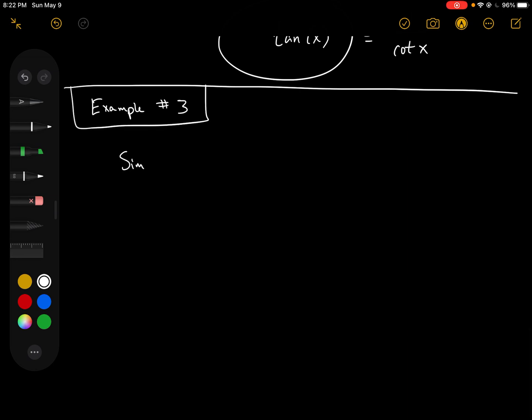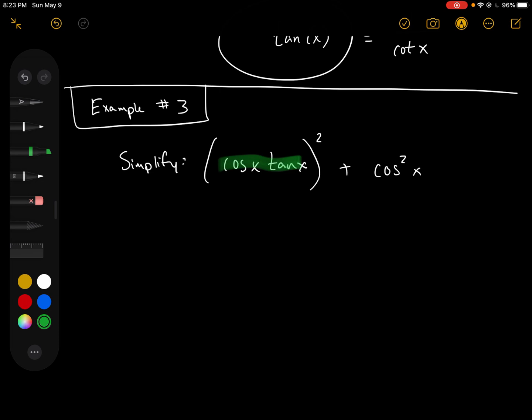So again, simplify. And this time we're going to have cosine of x times the tangent of x, both of those things squared, plus cosine squared of x. So looking at some PEMDAS here, let's evaluate what's inside of our parentheses first. So looking at this cosine of x, we'll write it as over 1, and then tangent, we know that first identity is sine over cosine.